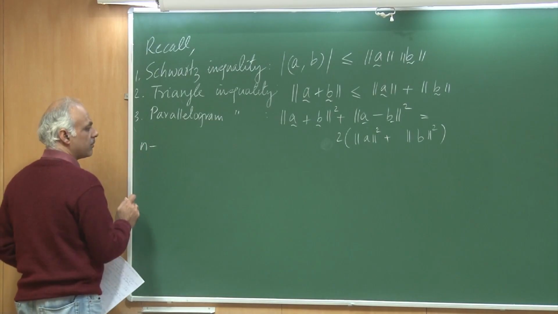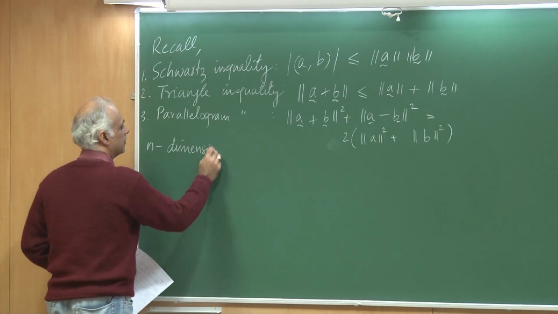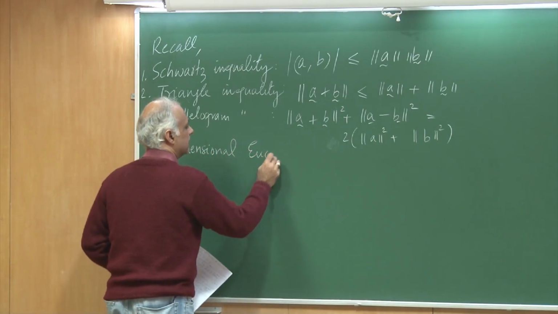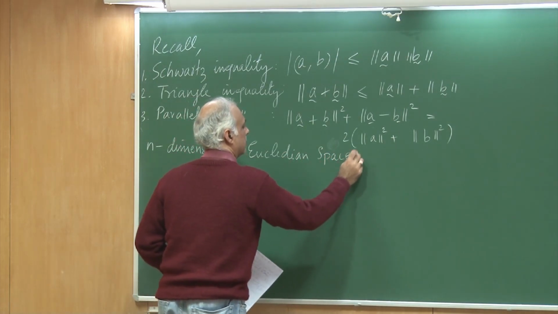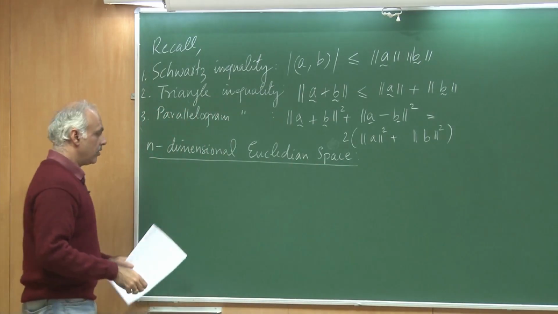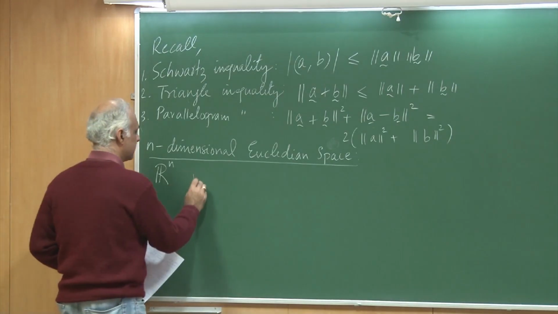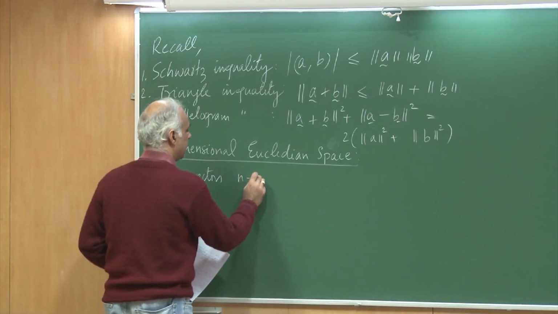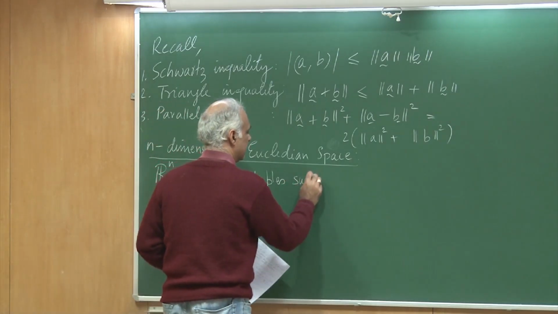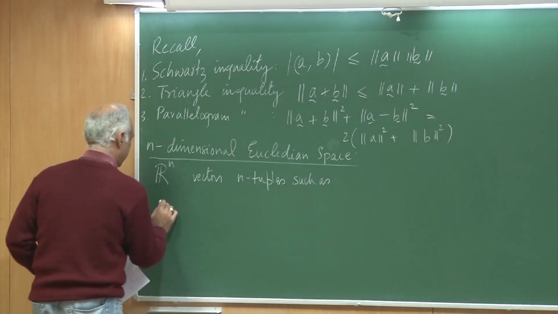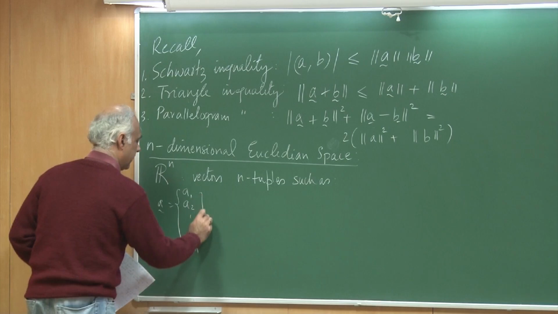Okay, so we have talked about this earlier, but let me formally write it down. The n-dimensional Euclidean space. So we have Rn, which is essentially the vectors which are n tuples, such as A is A1, A2 and An.